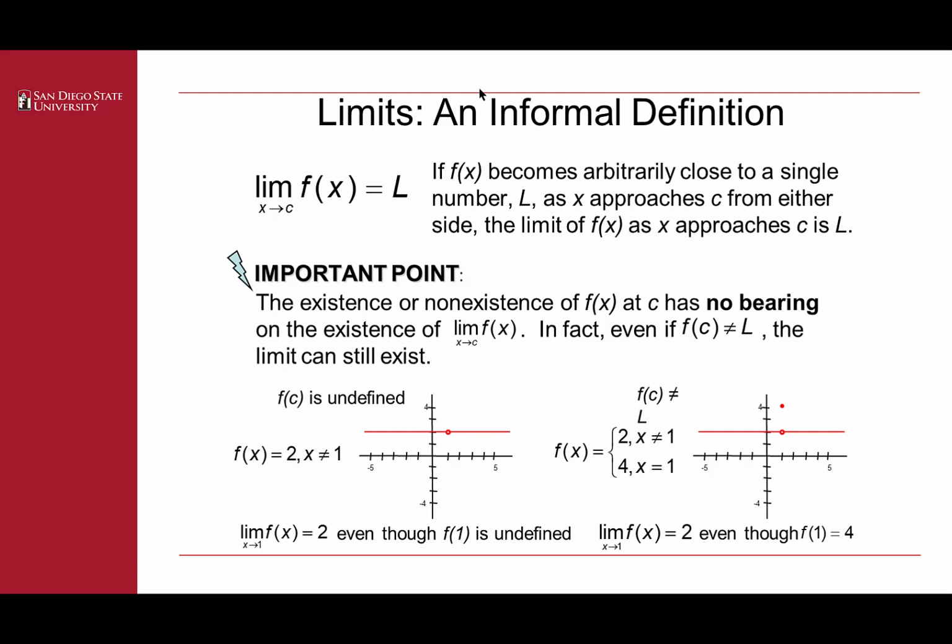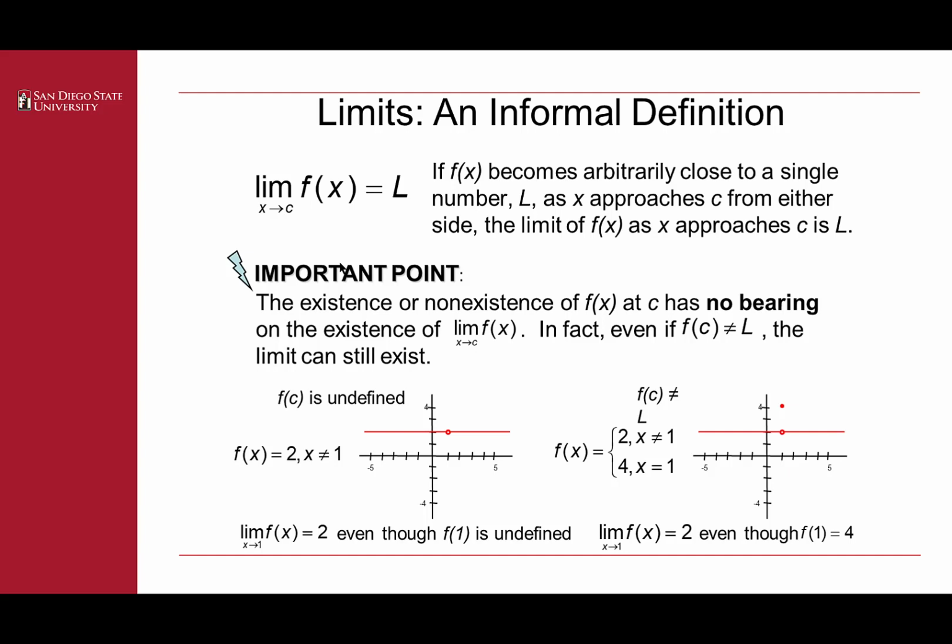In this case, let's assume c is 1 and try to get the limit of f of x equals 2 as x approaches 1 from either side. Here f of c, which means f of 1, is undefined. It's not included in the definition of the function. But the limit is still 2, even though f of 1 is undefined.